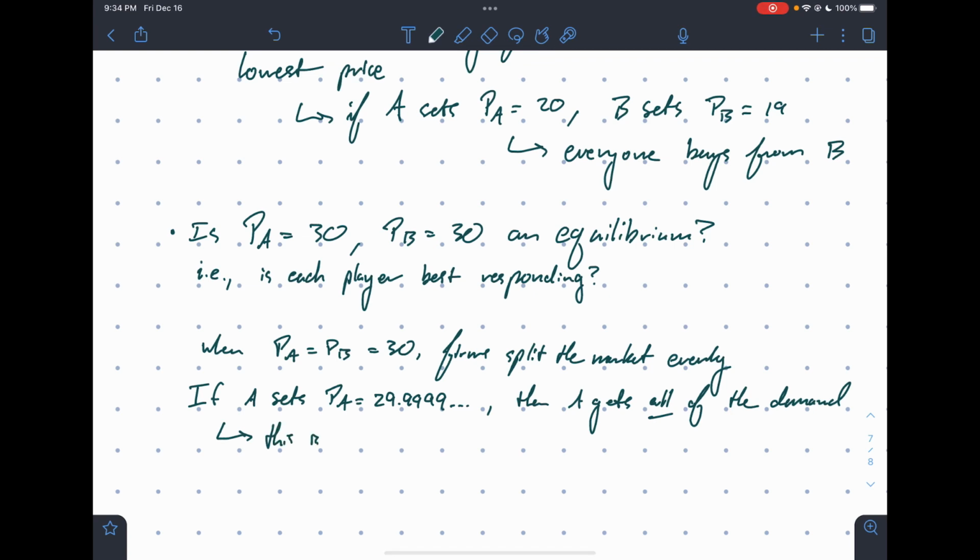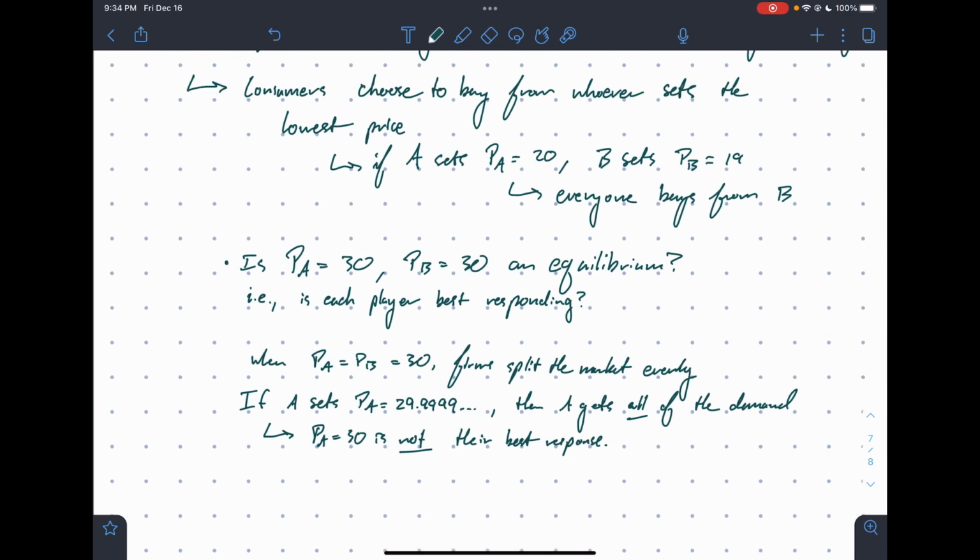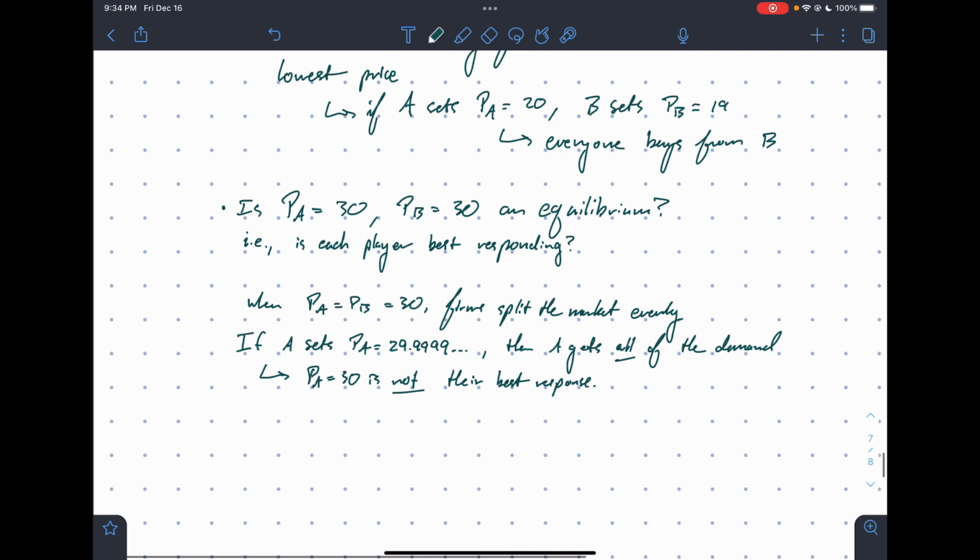So PA equal to 30 is not their best response. Okay. So we know that PA equal to PB equal to 30 is not an equilibrium.